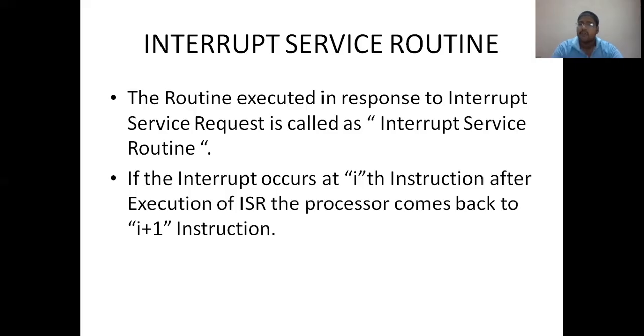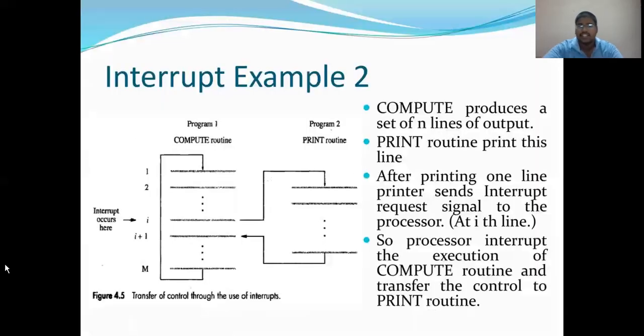Now, for example, if the interrupt occurs in the ith instruction, then it will go to the interrupt service routine. The interrupt service routine will execute its instructions, and again it will come back to the (i+1)th instruction, but not to the ith instruction.